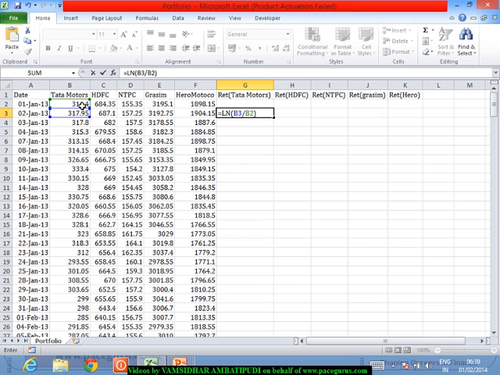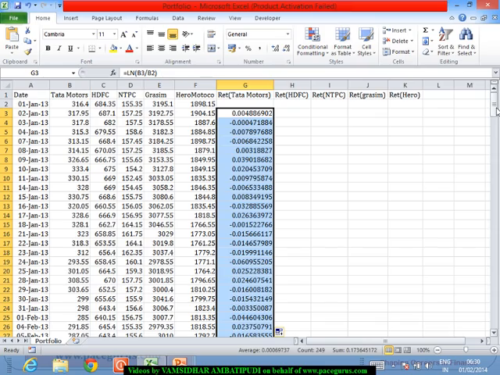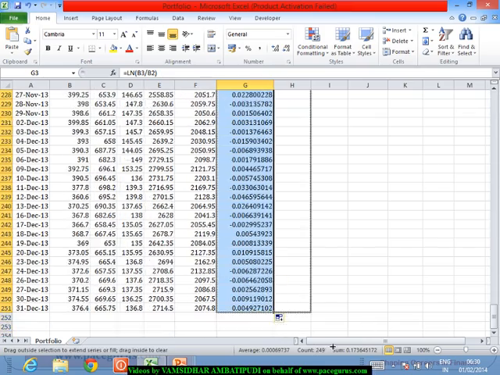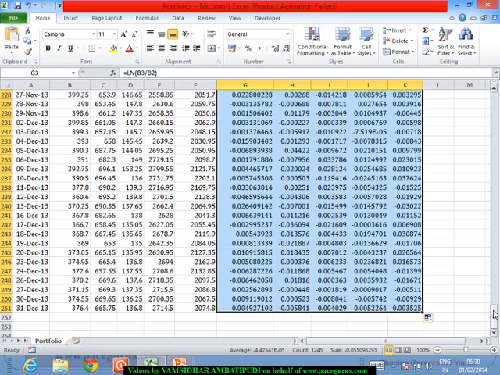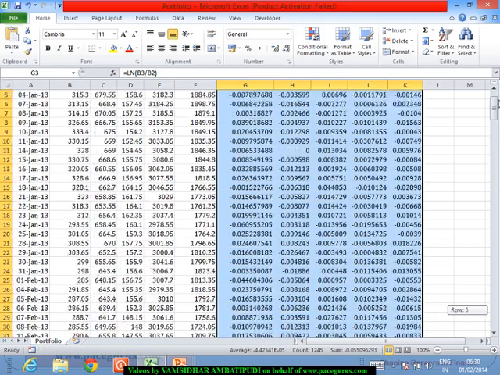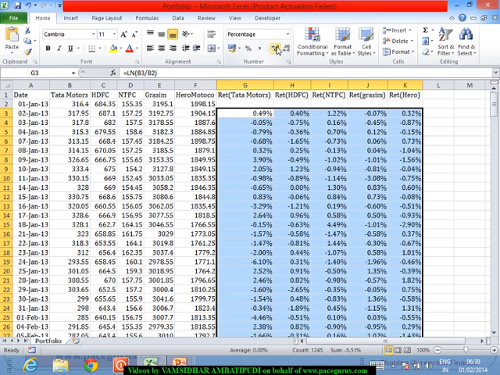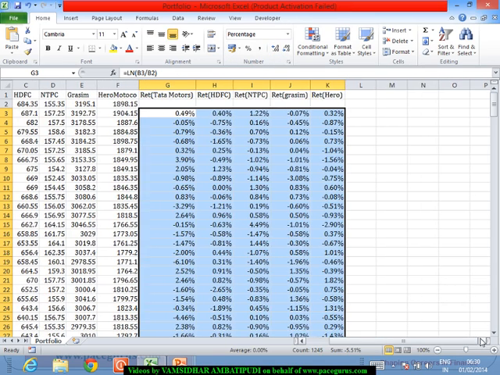That's where I am taking log of S1 by S0, today's price by yesterday's price. This works out as the daily returns. Then similarly I execute the same for all 5 securities, converting the returns into percentages with 2 decimals.